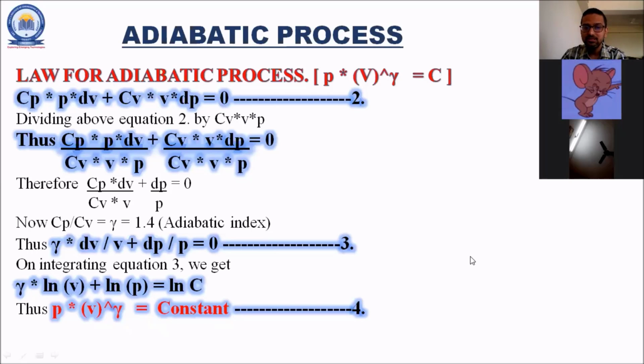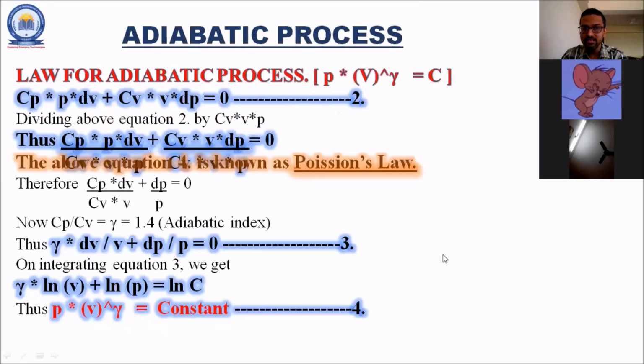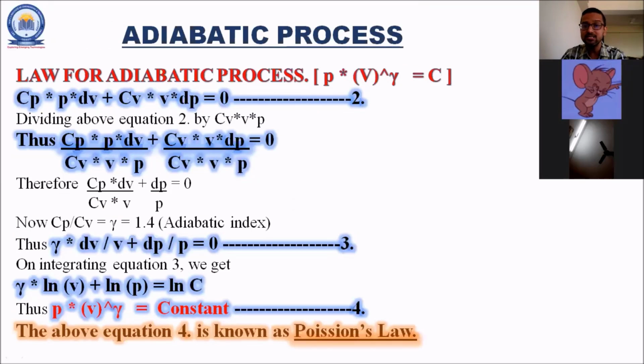So now this equation number 4 is known as Poisson's law. Remember friends, majority of the students will be making an error in the examination. This equation number 4 is known as Poisson's law, and in Poisson's law, the volume is the specific volume.